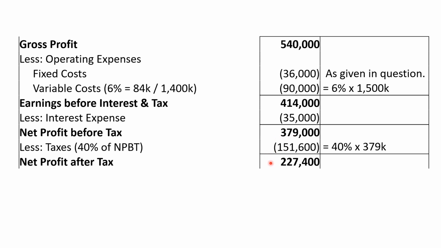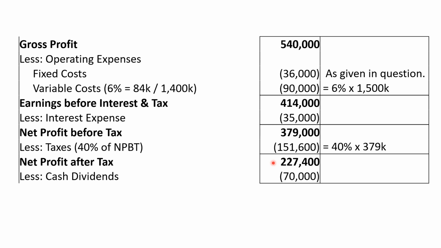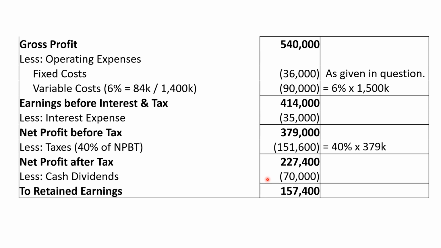This is the net profit after tax. The question tells you that the cash dividends in 20X3 are 70,000, so an outflow of 70,000. The remaining figure is 157.4K. This will go to the retained earnings. Any questions so far?